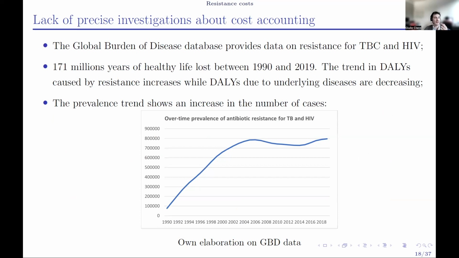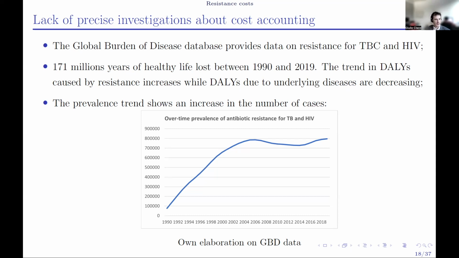We have a very nice tool that is called Global Burden of Disease, which in health economics we use a lot to see the impacts and the costs of different diseases. But here, the resistance is included only for tuberculosis and HIV. So we don't have a general overview of the problem, but only of these two specific diseases.